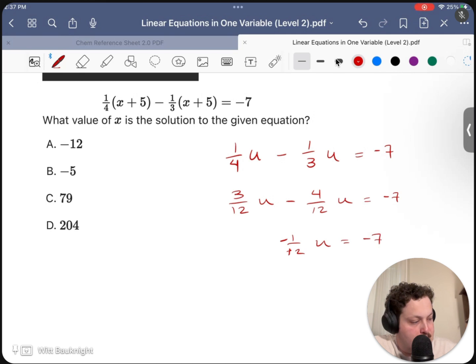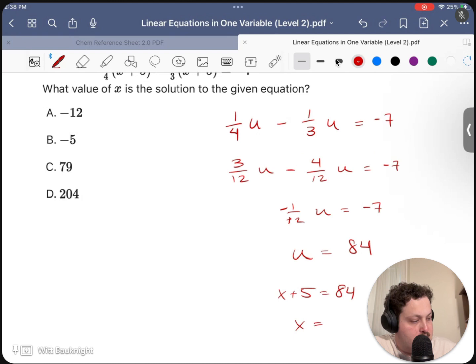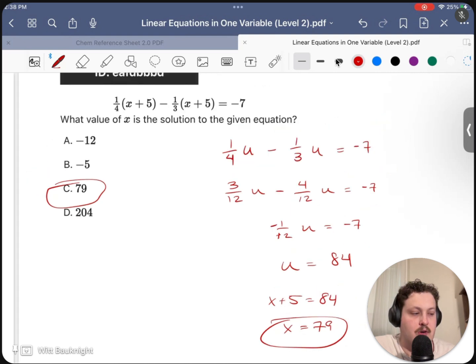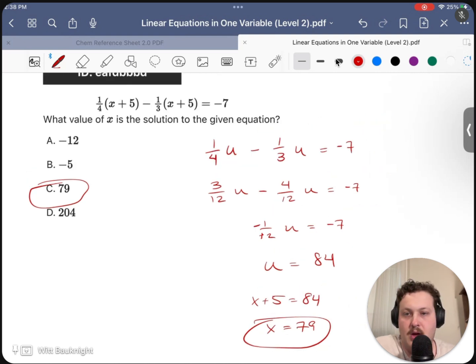Multiply both sides by -12. u equals 84. And u is equal to x plus 5, so x plus 5 equals 84. So x equals 79. Also, you could have 100% just plugged that straight into a solve function.